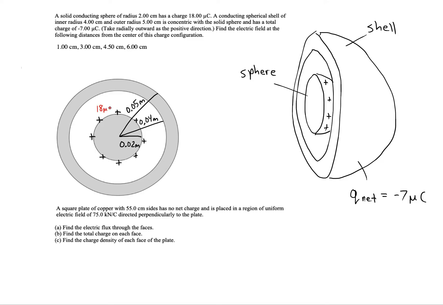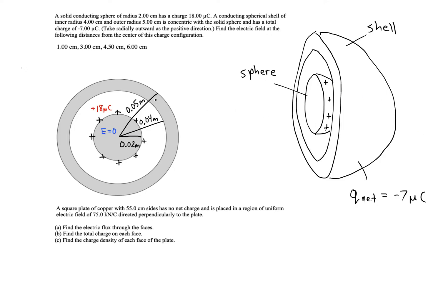For the inner sphere, it's easier to figure out where the charge will reside, because we know that inside any conductor that's in electrostatic equilibrium, the field inside will be 0. And according to Gauss's law, if the field inside is 0, then there isn't any net charge inside the object.